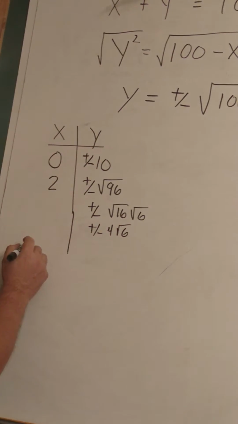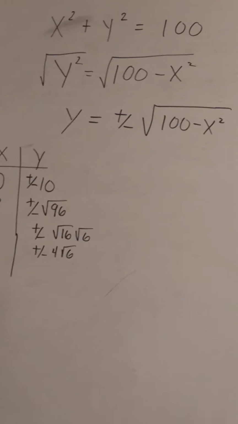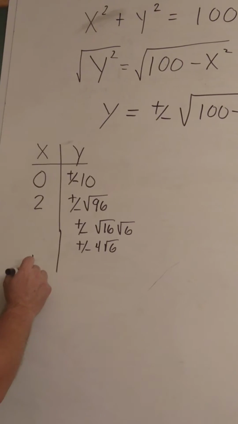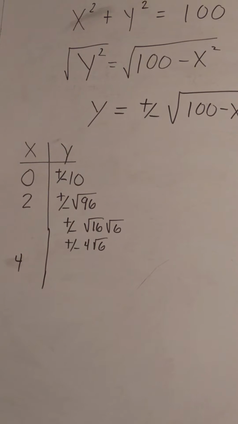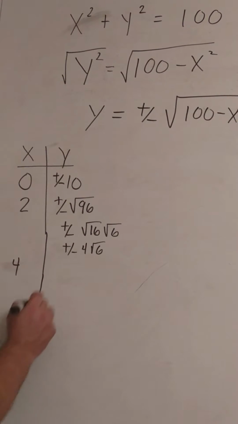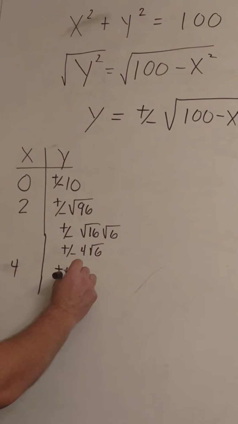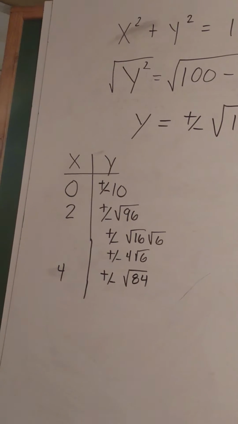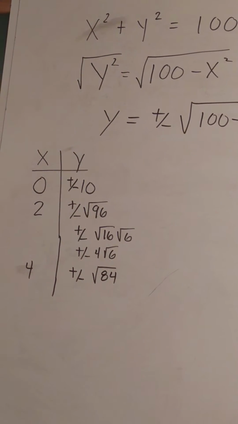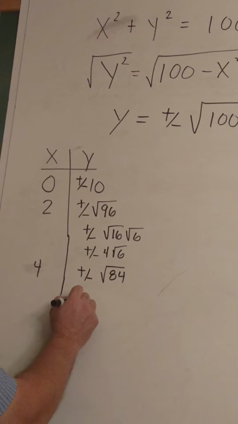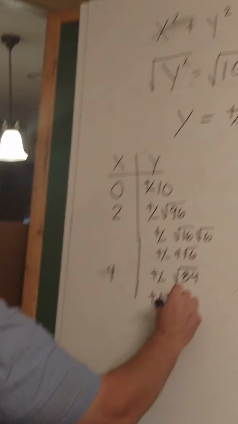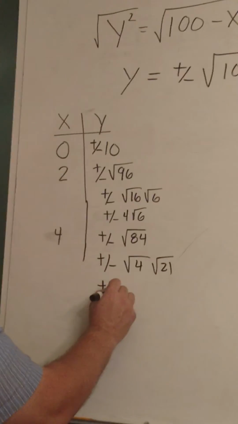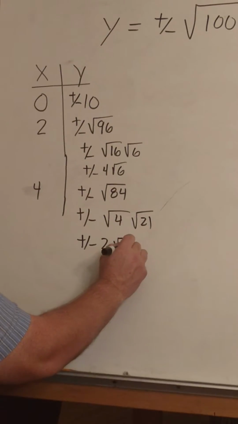How about if I do x is 4? I get 100 minus 16, which is 84, so plus or minus the square root of 84. 4 goes into that, so it would be plus or minus the square root of 4 times the square root of 21, or plus or minus 2 times the square root of 21.